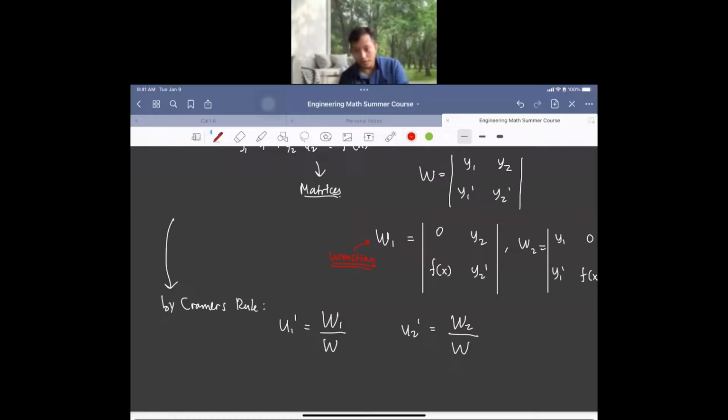If you want linear independence, the Wronskian is not 0. And then you will have u1 and u2 by integrating this.